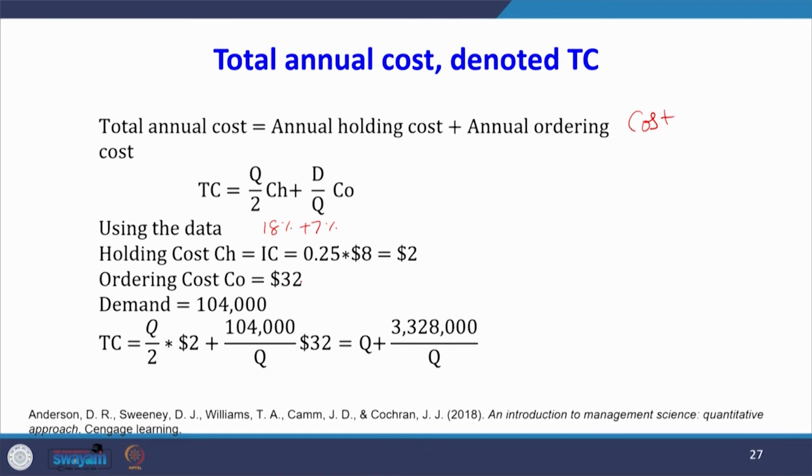Ordering cost is $32, the demand is 1,04,000. So, the total cost, I am substituting these values into this equation. Q upon 2 multiplied by 2, plus demand divided by Q multiplied by 32. I am getting this expression: Q plus 33,28,000 divided by Q. So, this is the expression for our total cost.